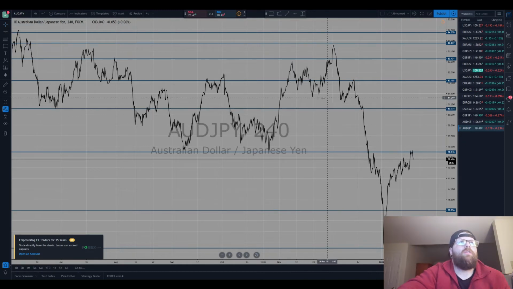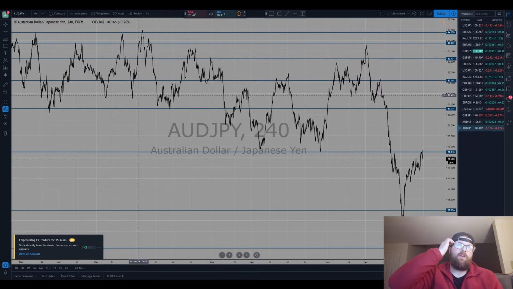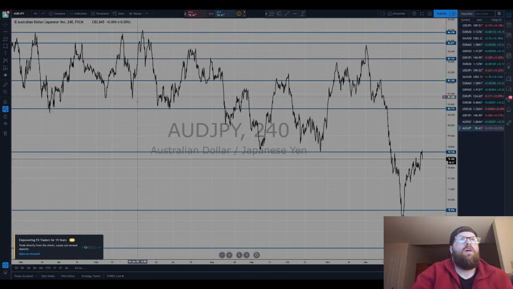But you can take a line chart and you can see the movements a little bit more clear because you don't have to deal with the wicks. And so some people don't like drawing support and resistance levels off of wicks. They'd much rather prefer to do it with a line chart, and I have no issues with that whatsoever. I prefer to do it with candlesticks, but I have seen it done this way.